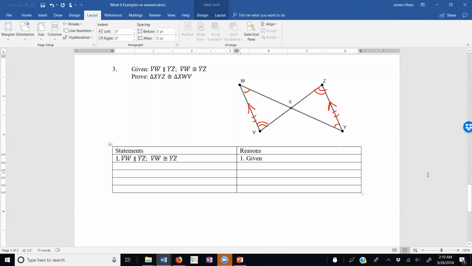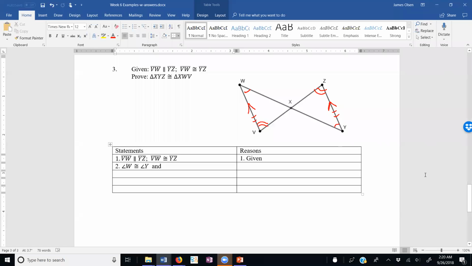So now we have stated our given. It's usually a good idea to get the given information written in your proof right away. Now we're going to state the angles that are congruent. Angle W is congruent to angle Y. When there's only one angle at a particular vertex, you do not have to write all three letters.